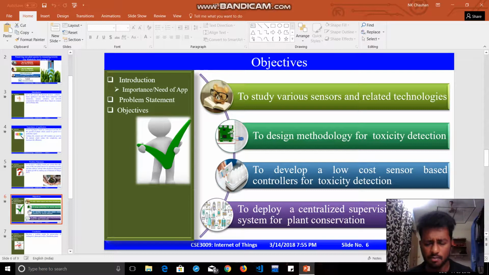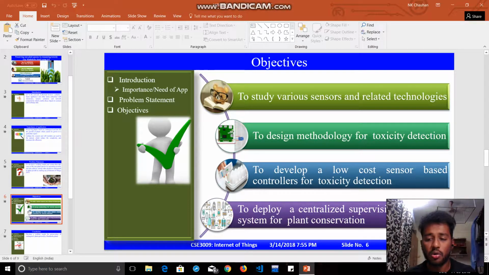There may be a number of methods for detecting toxicity, so our aim is to get to know all the available methods, so that we know how people go about measuring the toxicity of plants, but also improve upon them. If there's a method which is good enough that we can use for the project, we will not just go with the method but improve on it so that we can have better results.